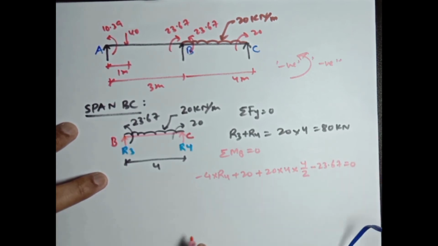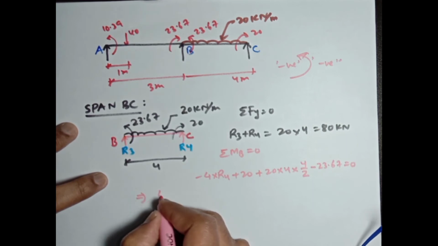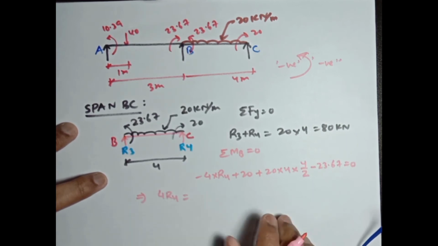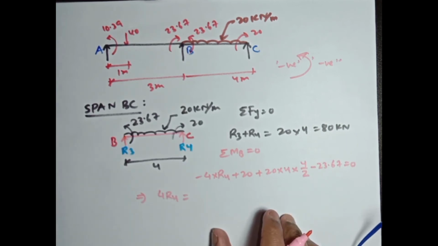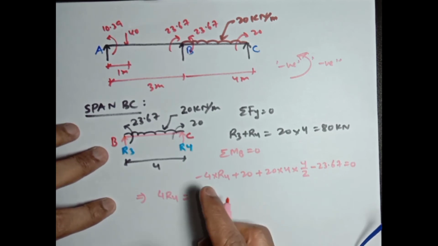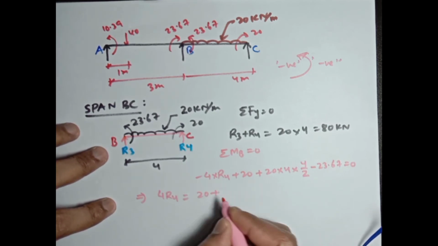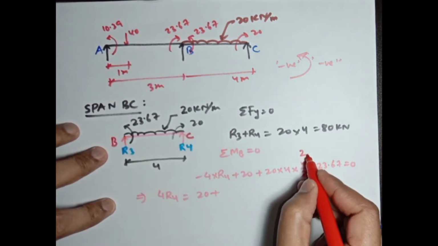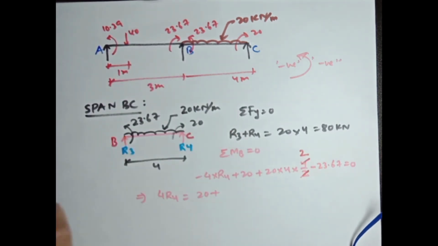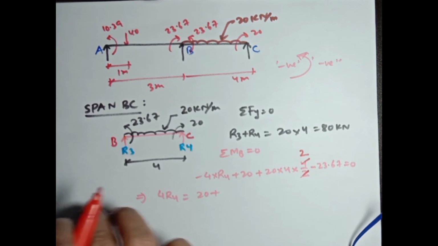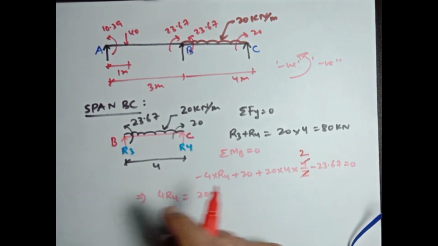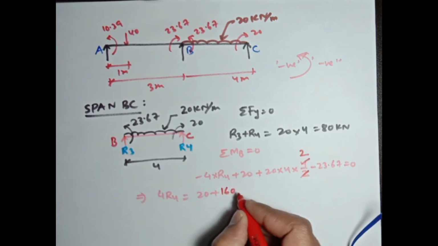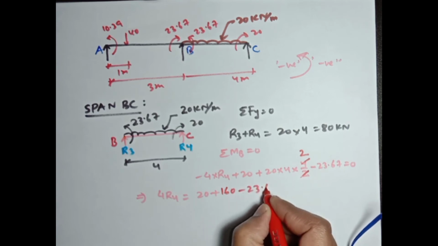It will be 0. Therefore 4R4 will be here 20 into 4 multiplying with 2, it will give 160 and minus 23.67.